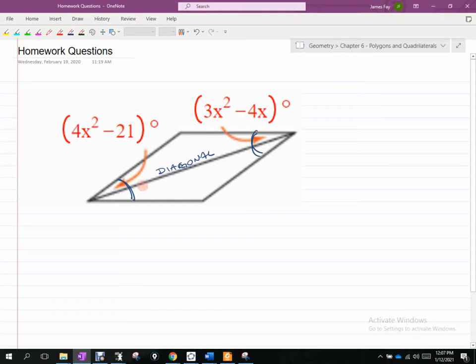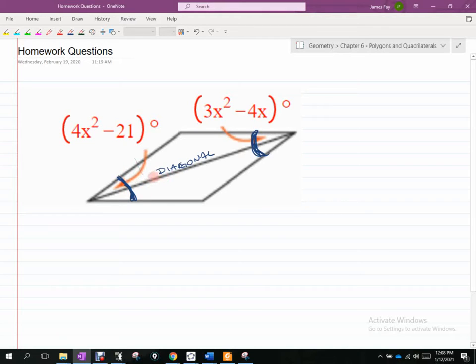What do you know about opposite angles of a rhombus? They're congruent. Why are they congruent? Because it's a parallelogram. And one of the properties of a parallelogram is that opposite angles are congruent. And we proved that last week. So those two angles are congruent, okay?